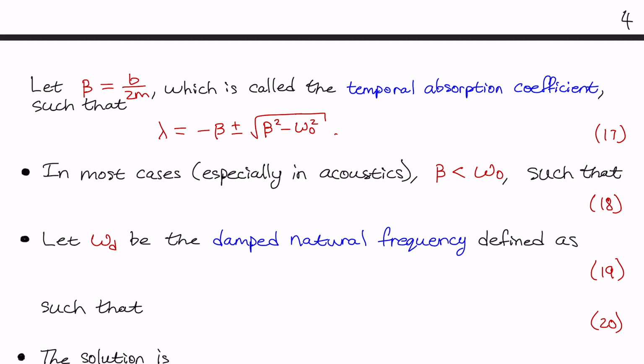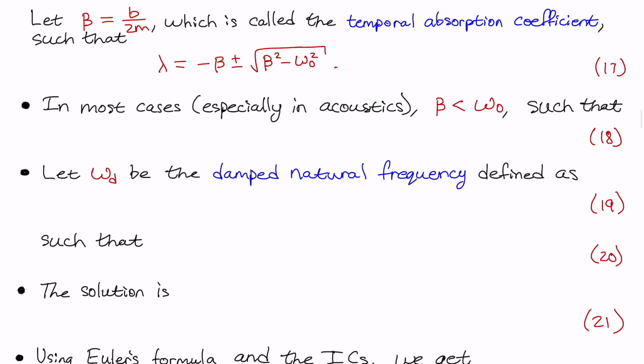We can then pull out a j, the imaginary constant, and rewrite that lambda must be equal to minus beta plus or minus j times the square root of omega 0 squared minus beta squared, where j is our imaginary constant, the square root of -1.